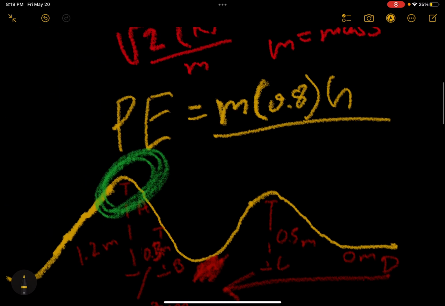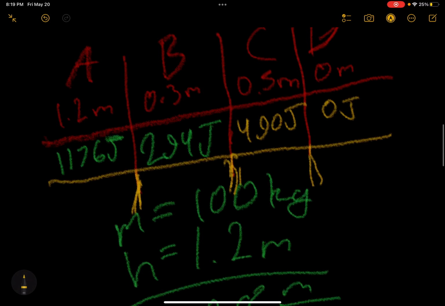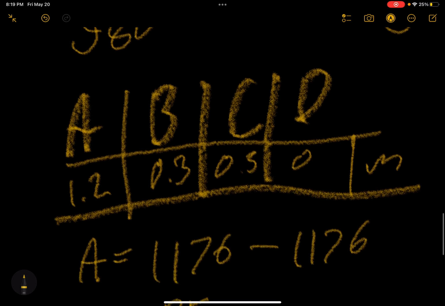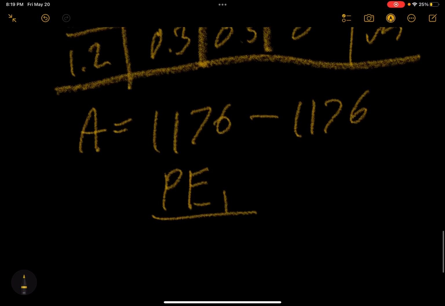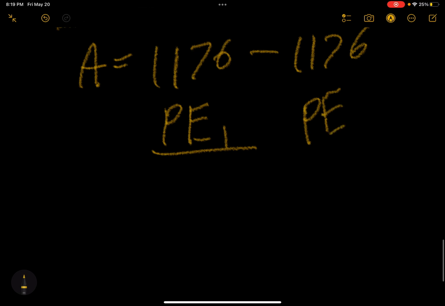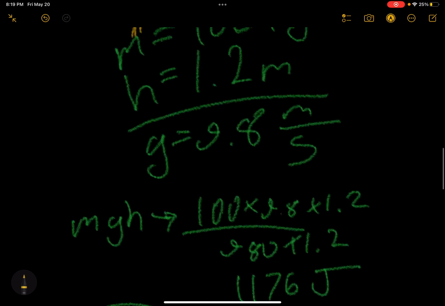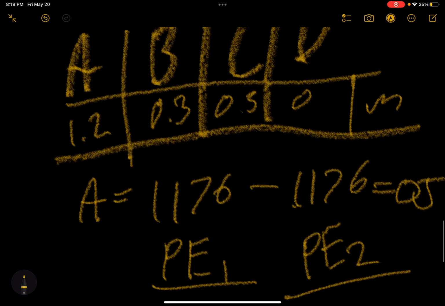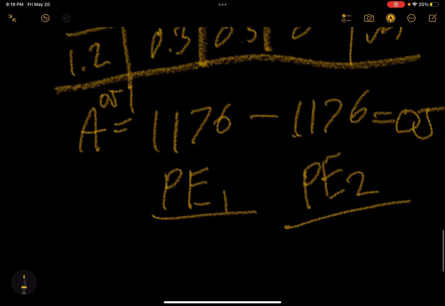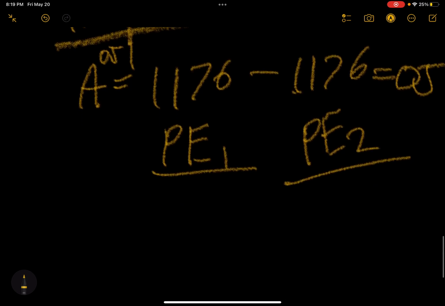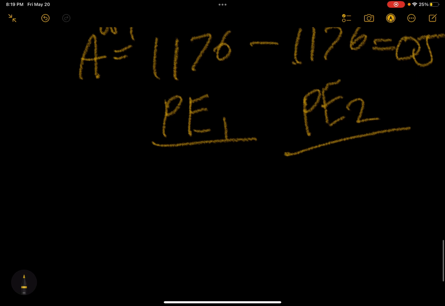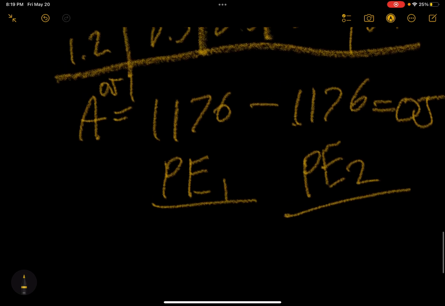If you look at our graph right here, that's height, and that's A. Now we're doing PE2, which is basically the same thing because we're at the same height, the toss point of the roller coaster. That means it equals 0. 0 kinetic energy, right? Seems reasonable. So then we can just put this in the table. 0 J, I'm sorry if I say G. 0 joules.